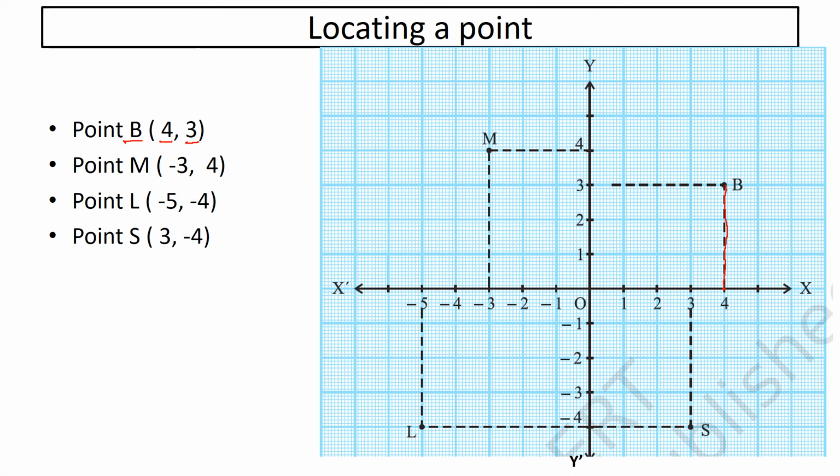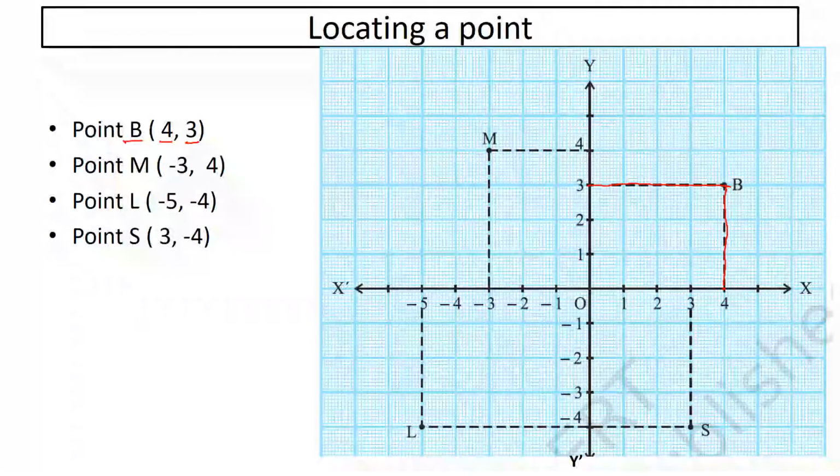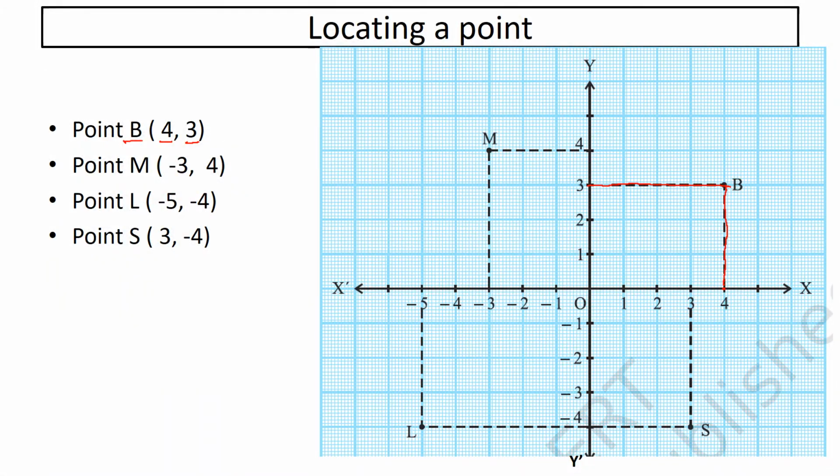Then we have to go to the y-axis and draw a line parallel to the x-axis from 3 units. Where these two lines intersect, that will be our point B, for which the coordinates will be (4, 3).